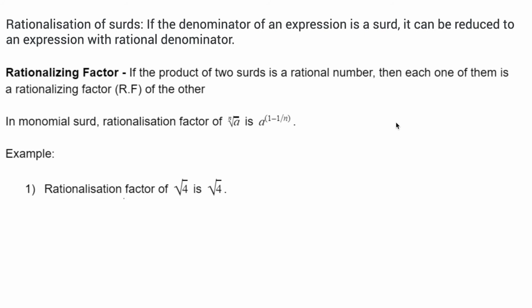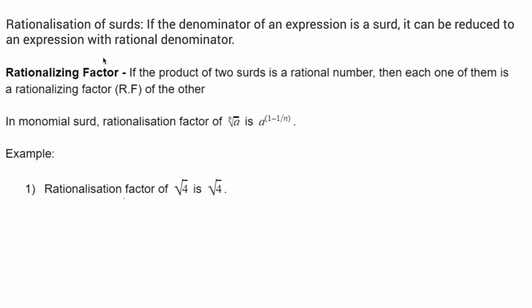If the surd comes in the denominator, then we can reduce it in such a fashion that the denominator becomes a rational number. For that we use the rationalization factor. If the product of two surds is a rational number, then each of them is a rationalization factor of the other. Let's take an example.